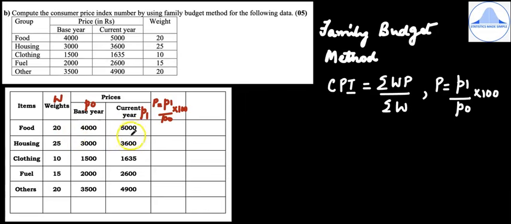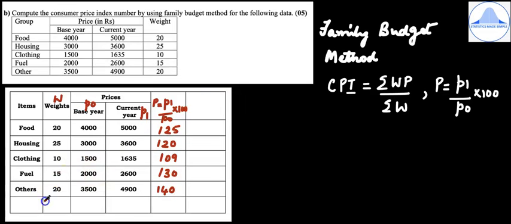So do the calculation correctly. So it will be 5000 divided by 4000 into 100, which will be 125. Similarly, the next calculation will be 120. Then you will get 109, 130, and the next is 140.